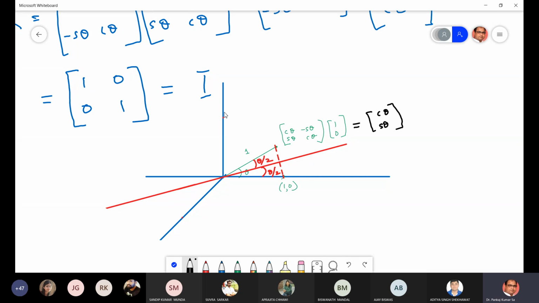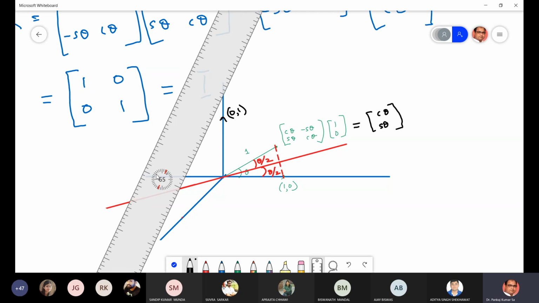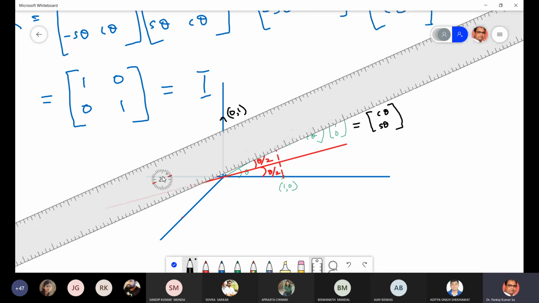Before I go to this theta by 2, what happens if there is another vector, let us say 0 comma 1? What happens to that? That also gets rotated by an angle theta.